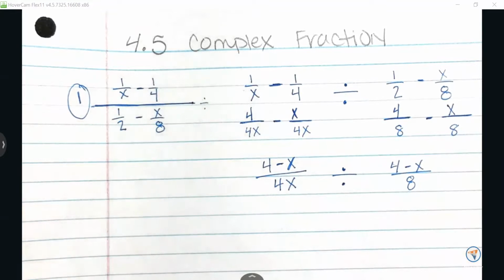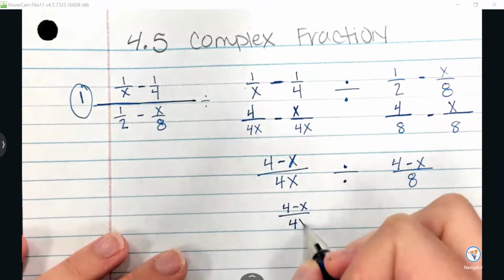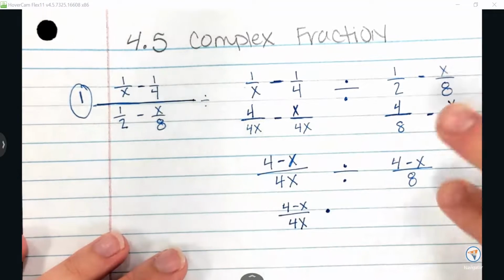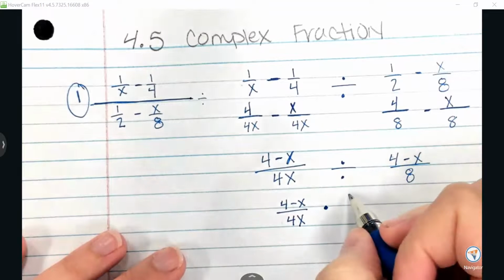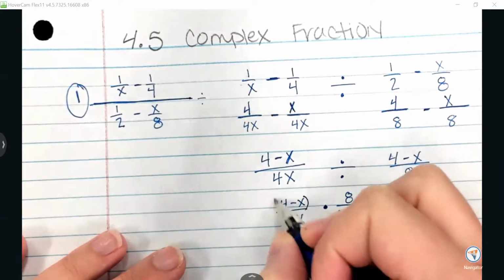How do I actually divide by fractions? You keep, you change, you flip. So I have 4 minus x over 4x. Division becomes multiplication. And I flip the second fraction, 8 over 4 minus x.